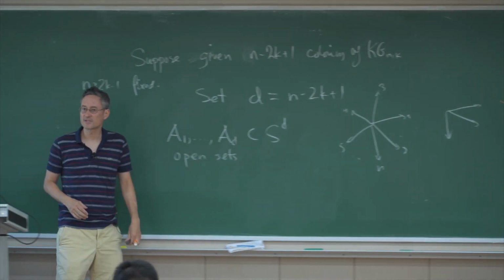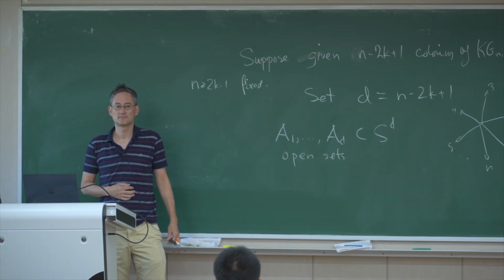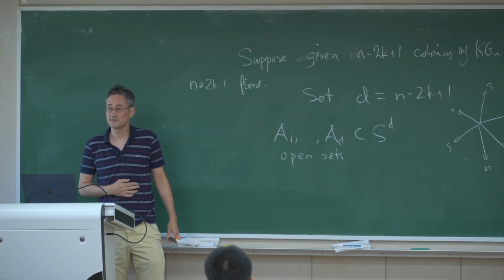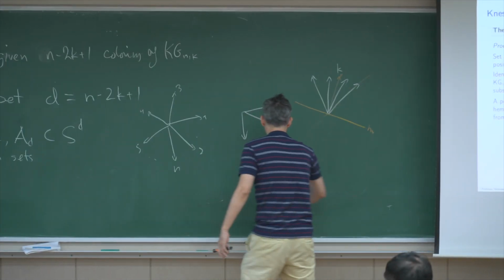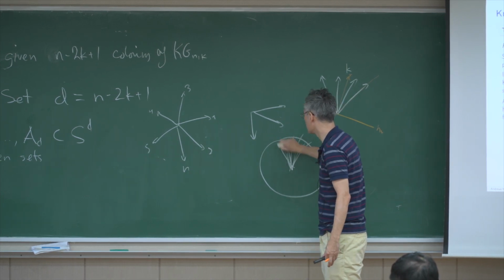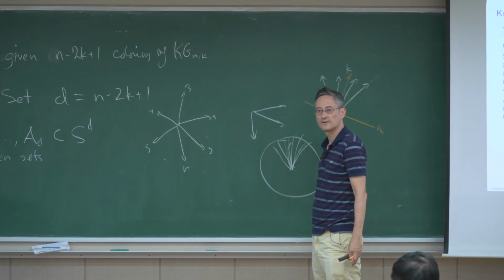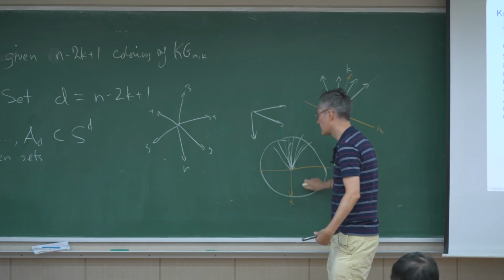Do these sets cover the sphere? No, not necessarily, right? Of course, I chose these vectors arbitrarily. Here's my sphere. What if I chose all the vectors to live like this? It's not a problem, right? Then, of course, this vector here, x, doesn't contain any k-tuple.